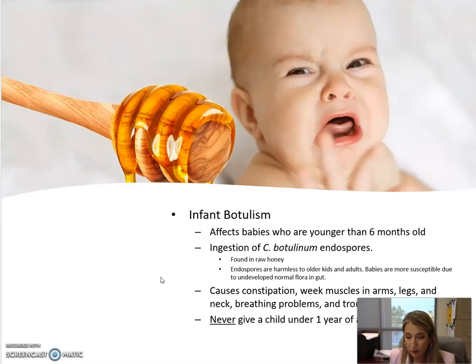But in babies, that normal biota is not fully developed. So if they would ingest raw honey, Clostridium botulinum endospores might have the space and opportunity to grow within the gastrointestinal system and lead to infant botulism. So just never give a baby under 1 year of age raw honey.